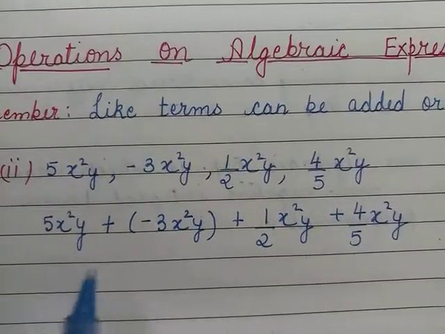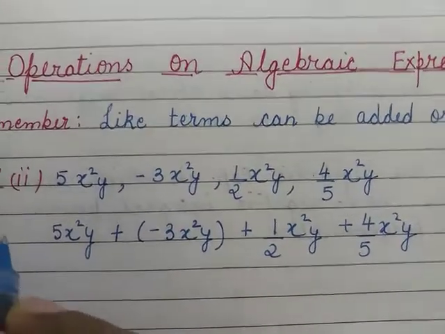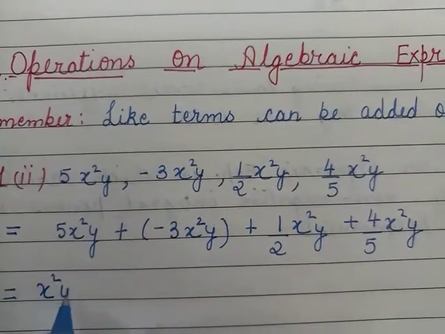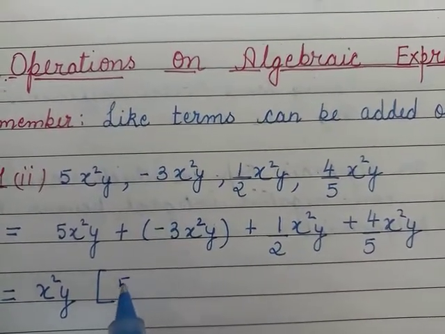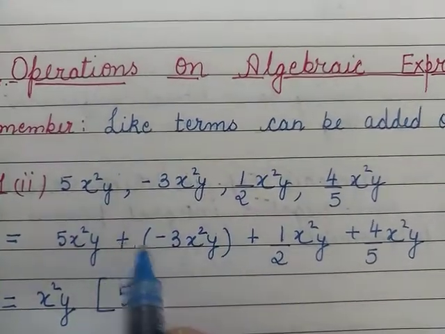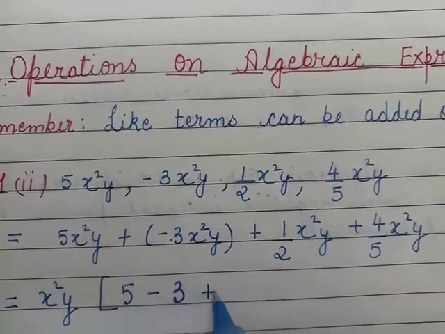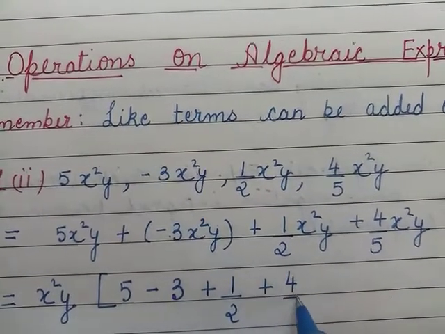Now we find x square y is with all the terms, so we take out x square y as common factor. Now what we are left with: plus 5 here, plus minus is minus, minus 3, plus half, plus 4 by 5.